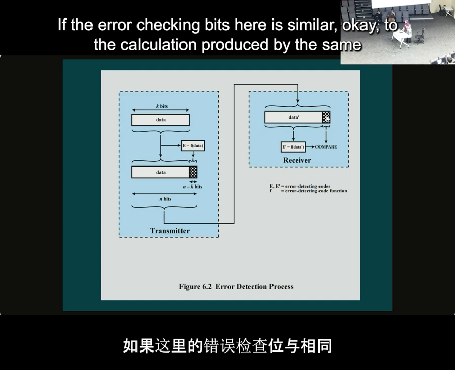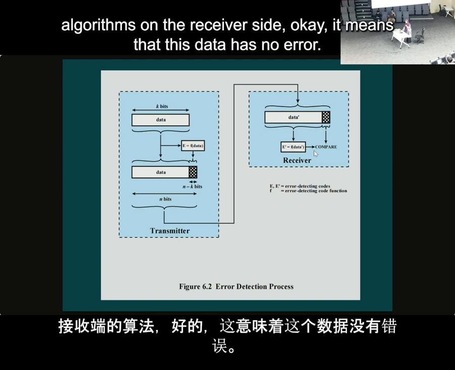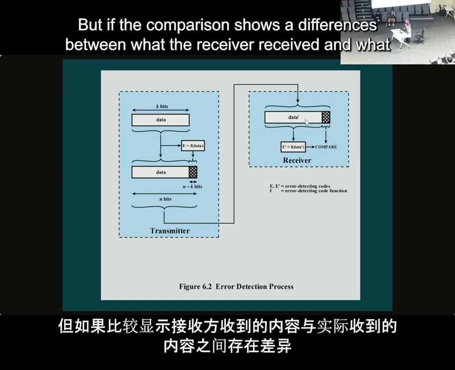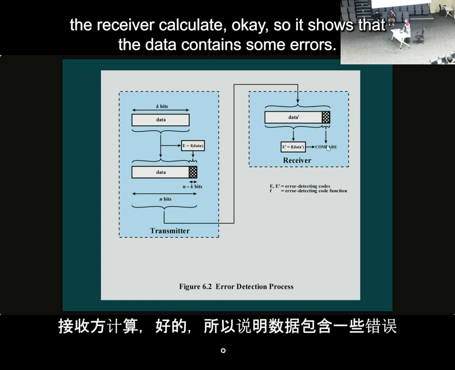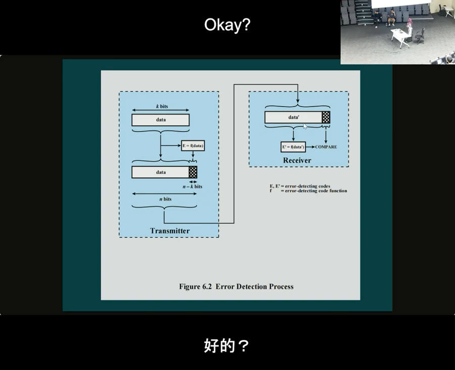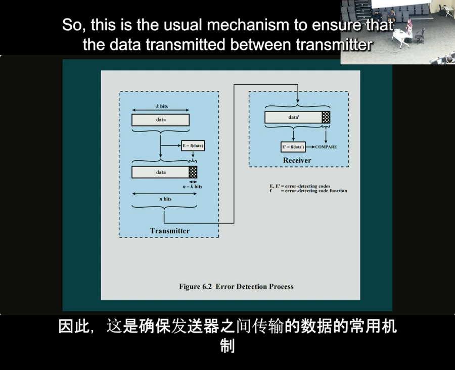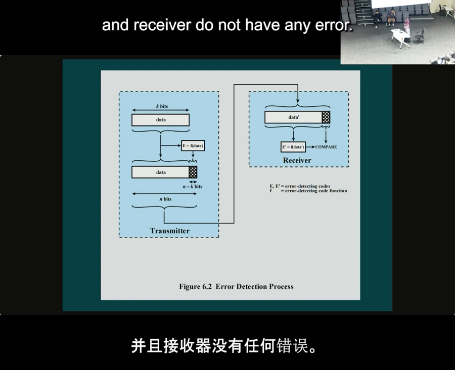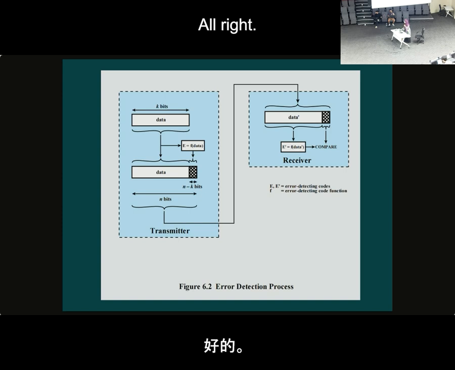If the error checking bits received are similar to the calculation produced by the same algorithm on the receiver side, it means that this data has no error. But if the comparison shows a difference between what the receiver received and what the receiver calculated, it shows that the data contains some errors. So this is the usual mechanism to ensure that the data transmitted between transmitter and receiver do not have any error.